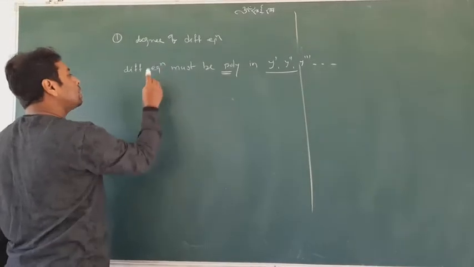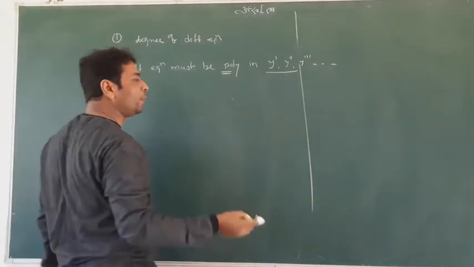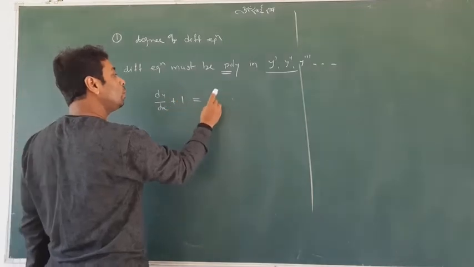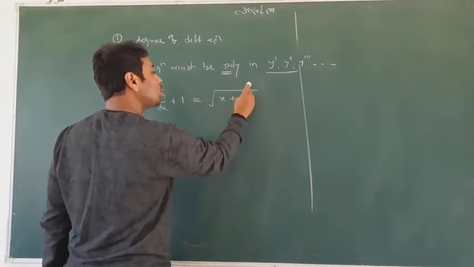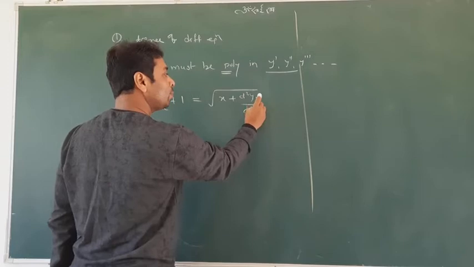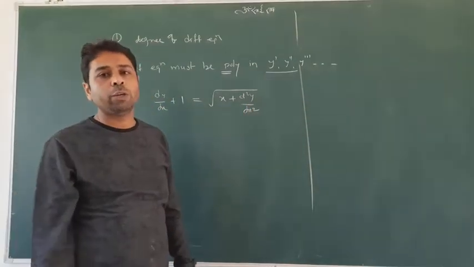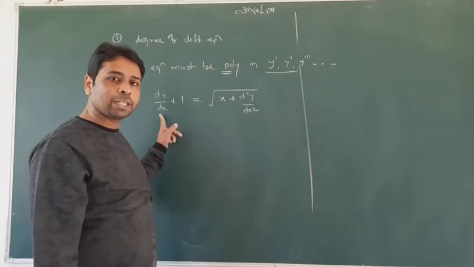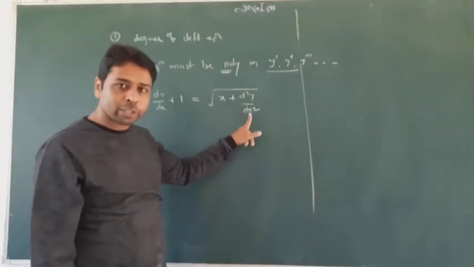I put some examples here. You can understand on your own. Can you see dy by dx plus 1 equal to x plus d square y by dx square? First, look at all the derivative sections: dy by dx is a derivative, d square y by dx square is a derivative.